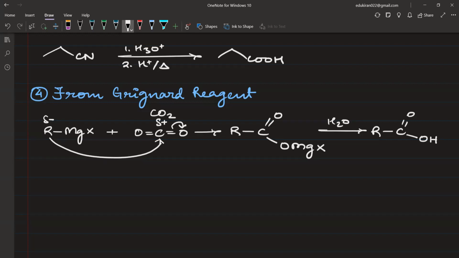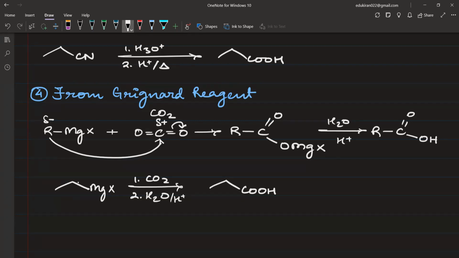For example, if you have 1, 2, 3 carbon atoms MgX plus CO2, these are two steps. The first step is done in dry ether because we have Grignard reagent. In the second step we add water in the presence of H plus, and you will get, here 2 carbons plus 1 from carbon dioxide, so total 3 carbon atoms. The third carbon atom will have COOH.